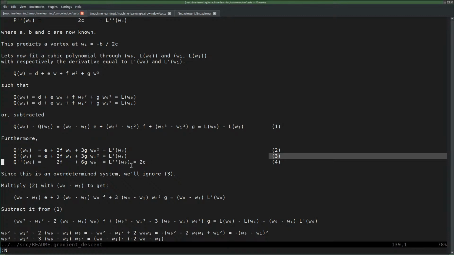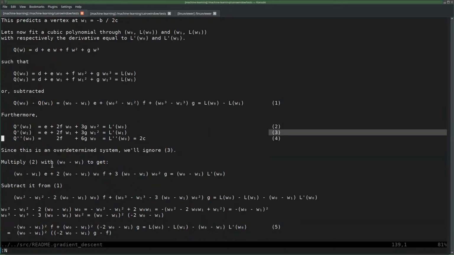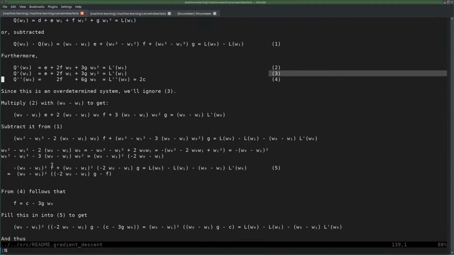Nevertheless, I'm going to ignore equation 3. Which means that the derivative could be anything in W1, but it doesn't even go through that point yet, so not related. Multiply equation 2 with W0 minus W1 to get W0 minus W1 times E. That's this term.